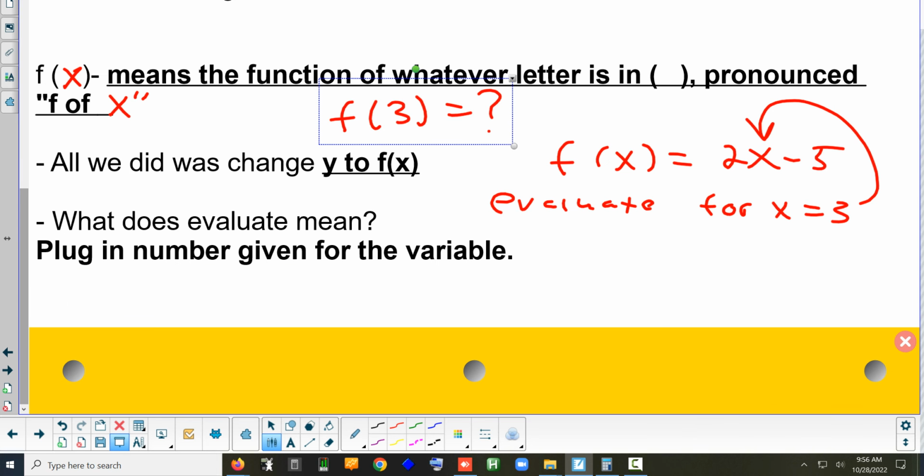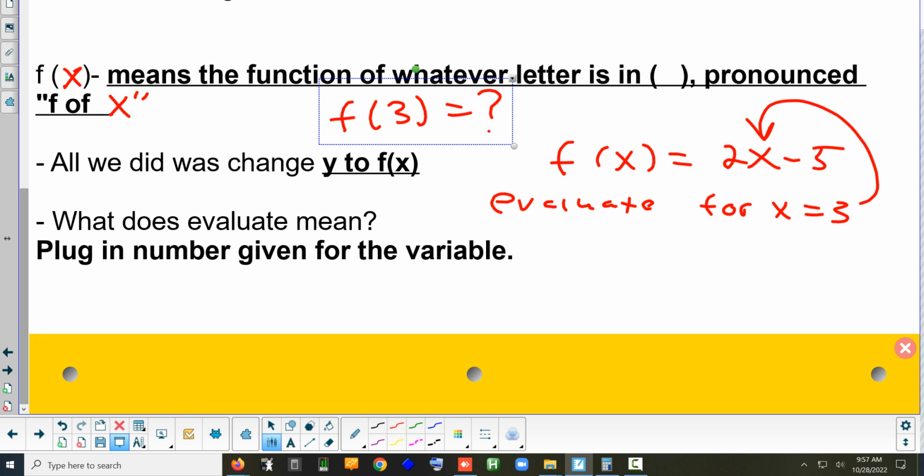So evaluate means to plug in a number for the variable. And this is a shorter way of telling you to do that.